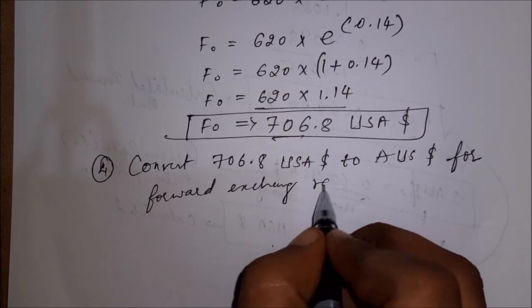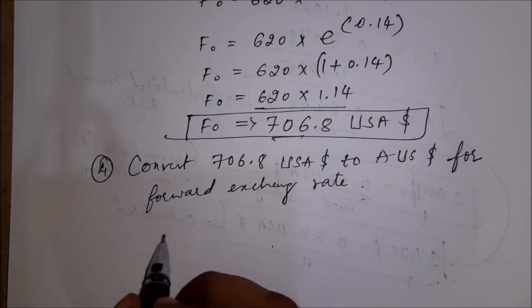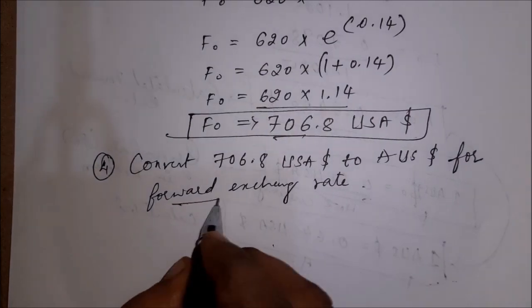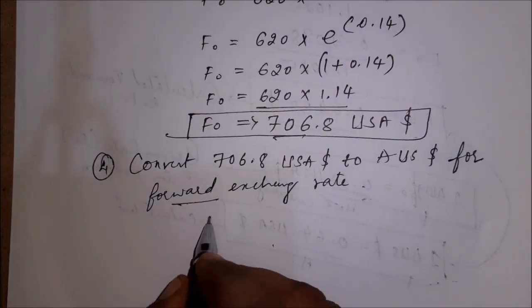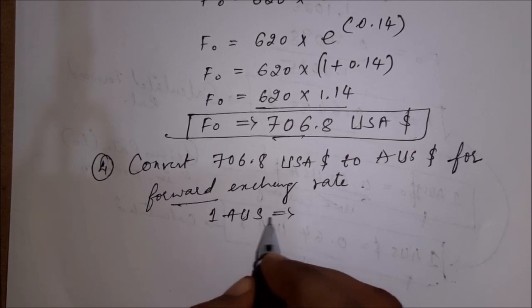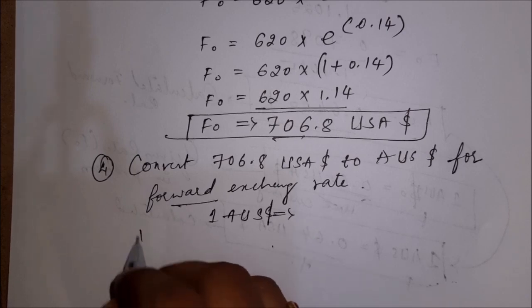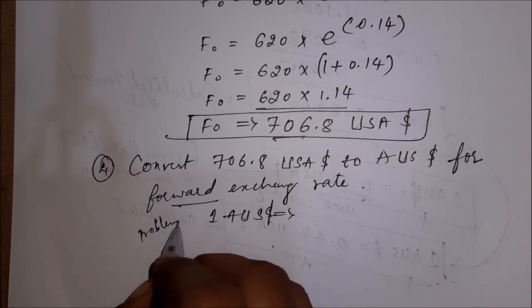So what is the forward exchange rate given in the problem? That is 1 Australian dollar is equal to how much? It is given in the problem, 1 Australian dollar is equal to 0.63 USA dollar.